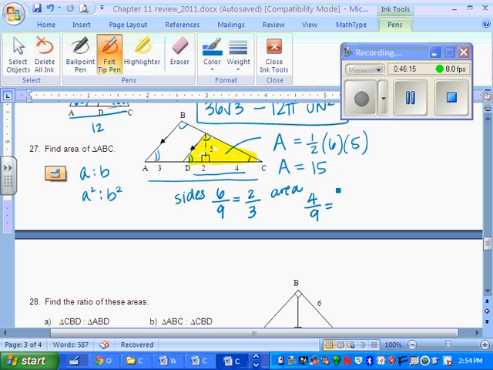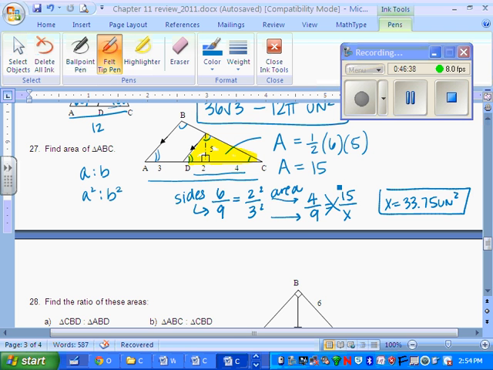I know the area of the smaller one's 15, so 15 over the x right there. If I cross multiply, I end up getting x equals 33.75 units squared. So remember this is sides ratio. If I square them, I get the area ratio. And I already know the area of the smaller one is 15, so to find the larger area, I make that x and I solve.